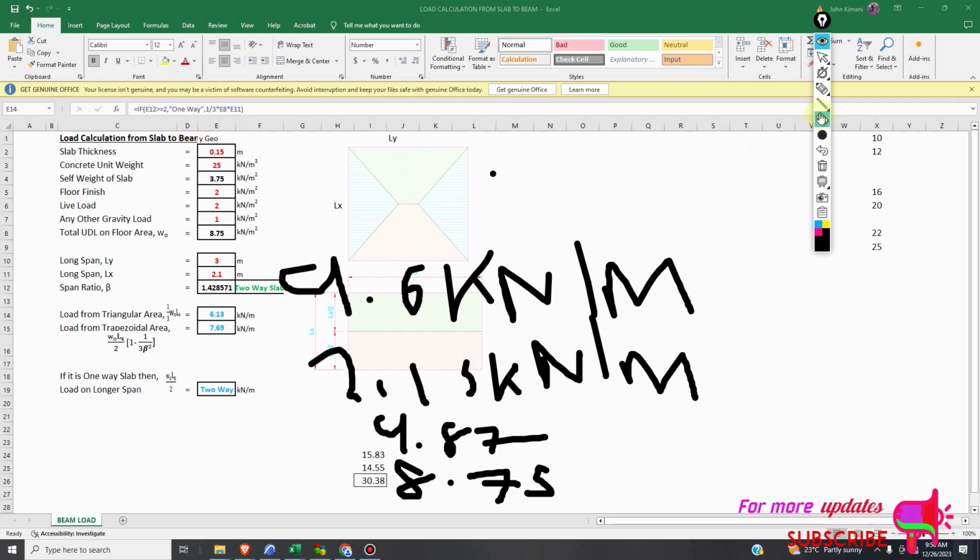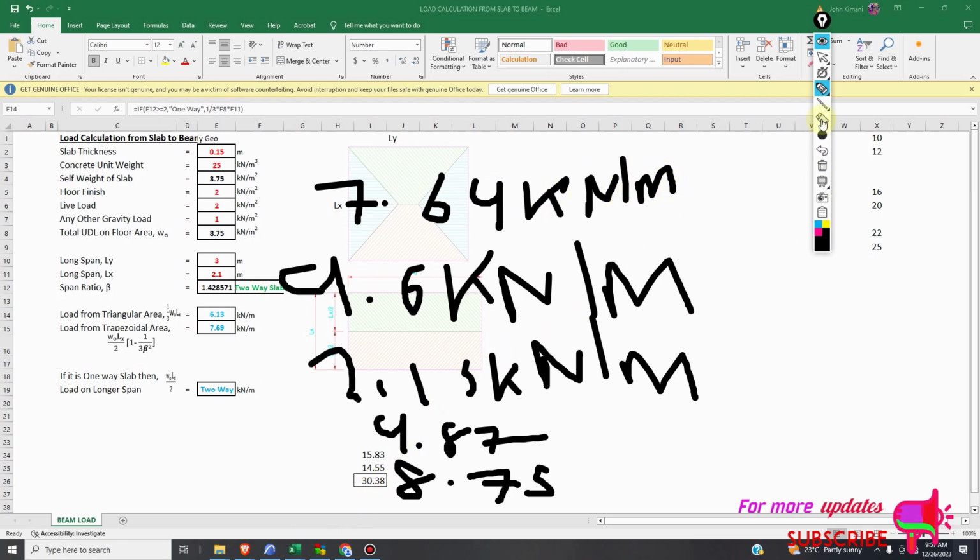That is the 7.6 and 9. You can see it is in kilonewtons per meter.